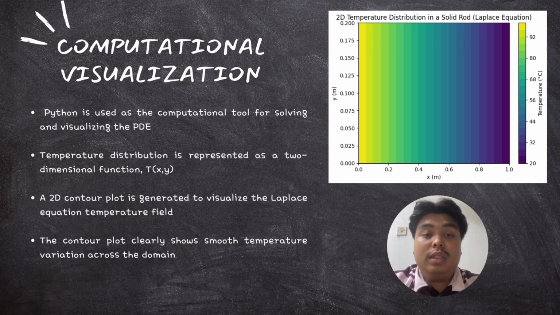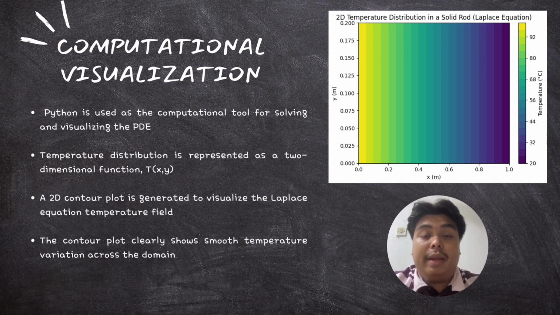The contour plot shows a linear temperature gradient along the x direction, while the temperature remains uniform along the y direction, which is consistent with the analytical solution. This computational visualization enhances understanding of the partial differential equation (PDE) solution and satisfies the requirement of using computational tools involving multiple independent variables.